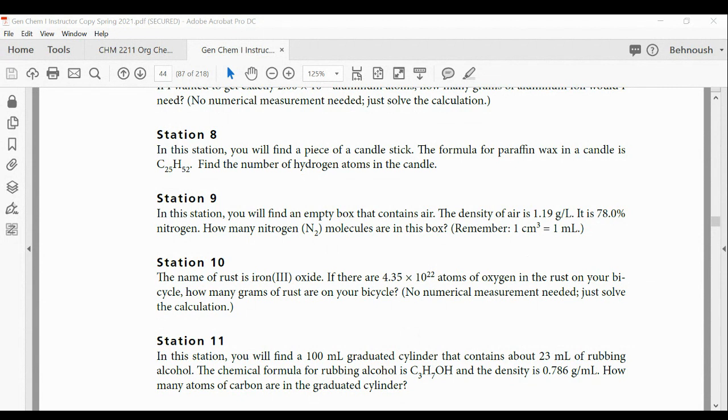Measure the box dimensions. Okay. Perfect.